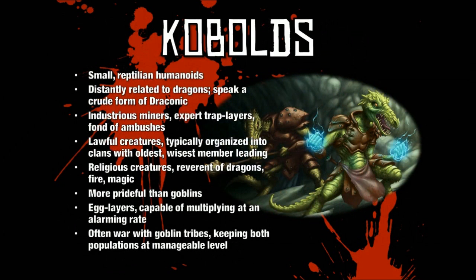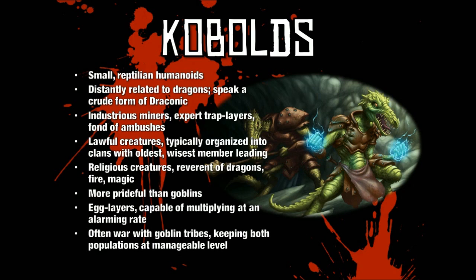Now let's talk about kobolds, which might be my favorite creatures ever. I love kobolds, and I always have ever since I was 13 years old playing through the Sunless Citadel. So kobolds are small reptilian humanoids. They're distantly related to dragons, so they look sort of dragon-esque.